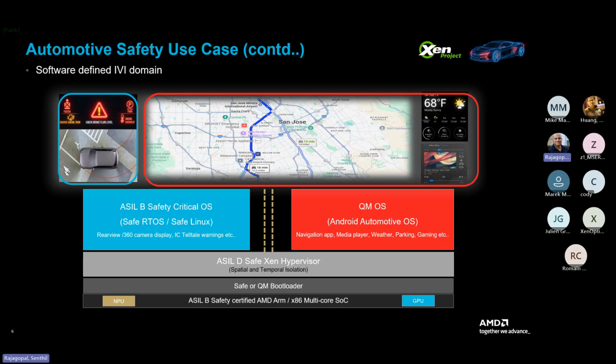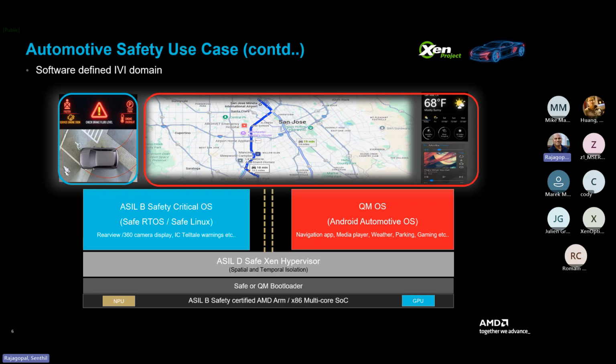When you consolidate these, we need to make sure that the non-safety-critical, or QM, quality managed, software running on the same architecture is not interfering with the safety-critical applications. That's the whole idea, because we need to avoid that interference.